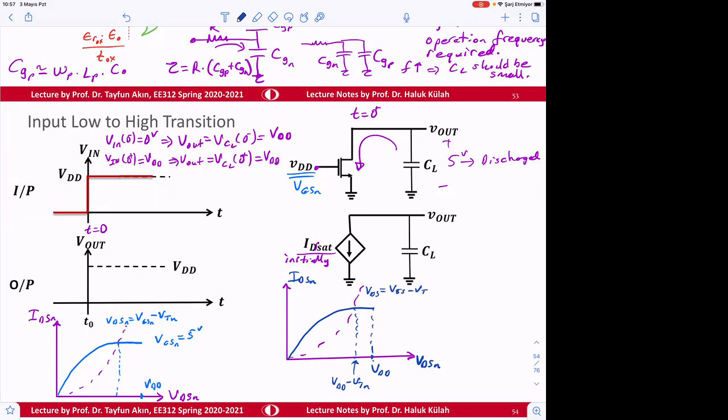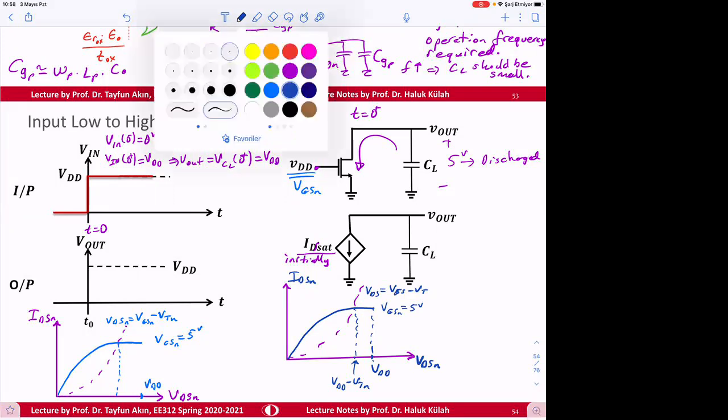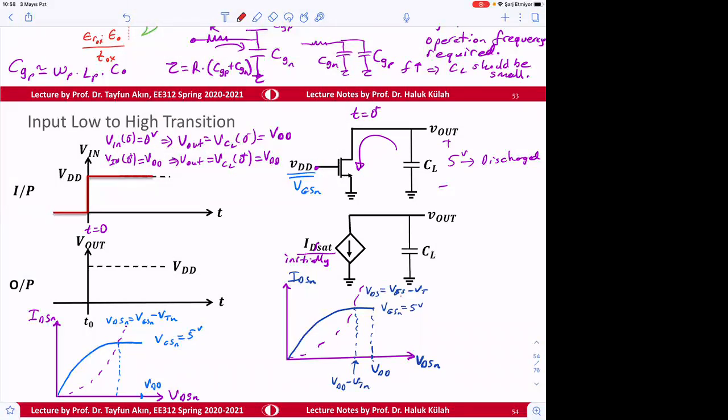So when V gate to source of N is equal to the 5 volt line, therefore this one, gate to source, is 5 volt. So this one is 5 volt, this one is 1 volt. Therefore this one is 4 volts here.